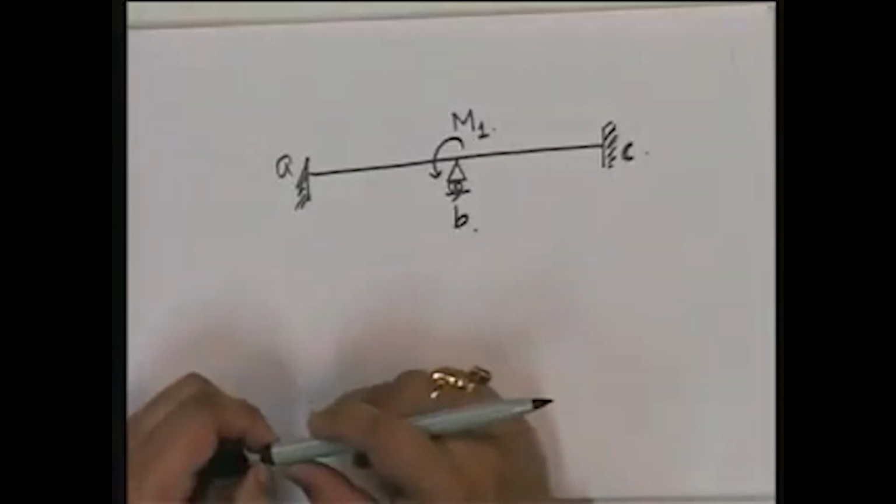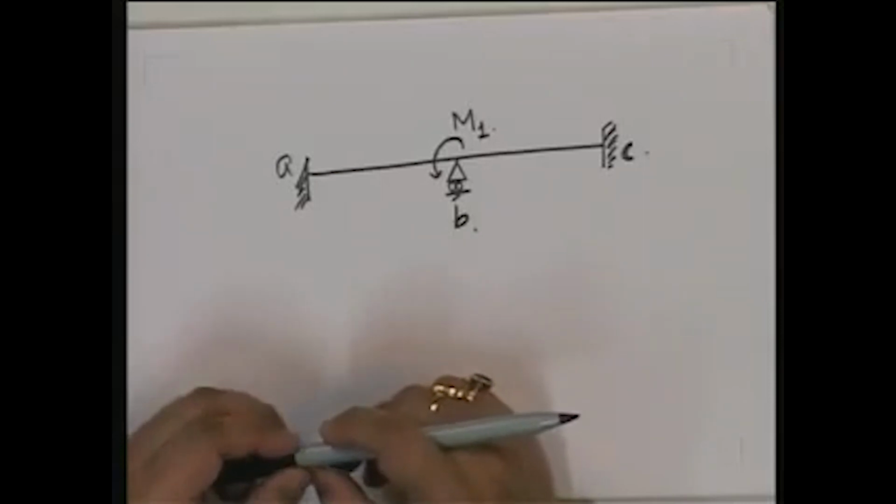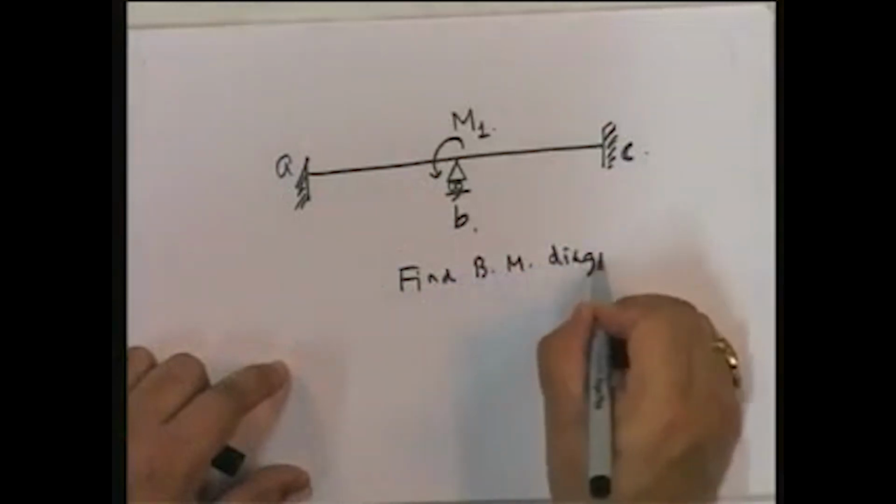I found it just to illustrate that this is a statically indeterminate beam, and there is no way you can easily find the bending moment diagram. And my point here is, find the bending moment diagram.